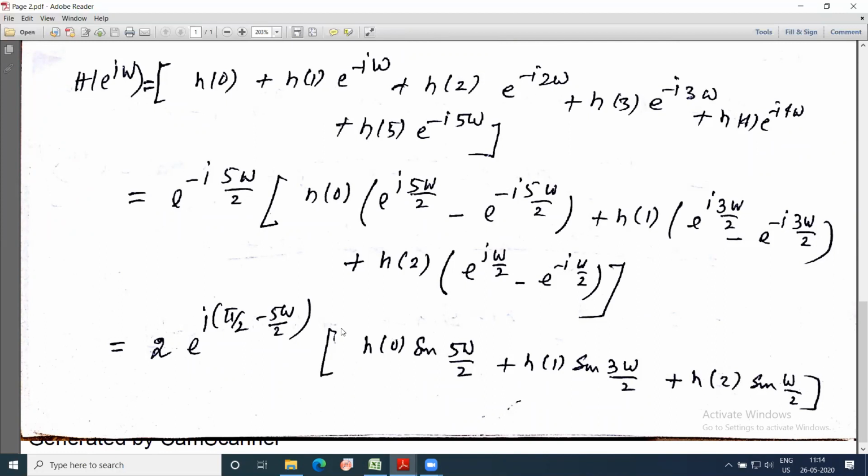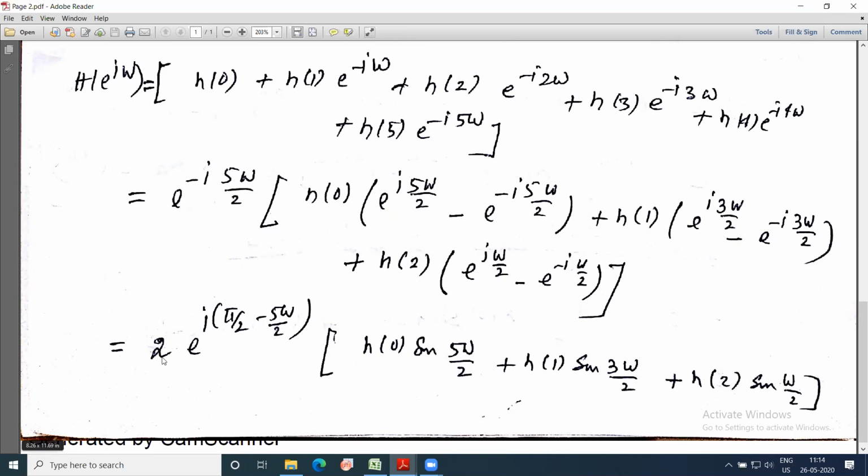Now again, if you write it down, this equals 2 times h0 sine 5 omega by 2, h1 sine 3 omega by 2, and h2 sine omega by 2, with a multiplication of 2j.